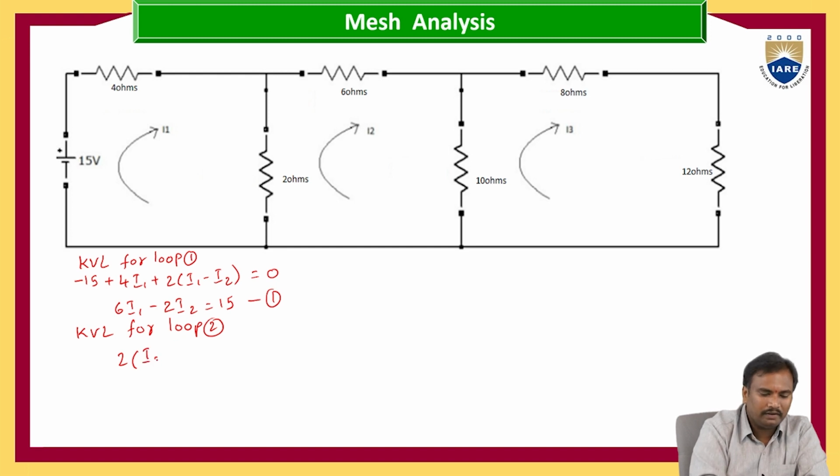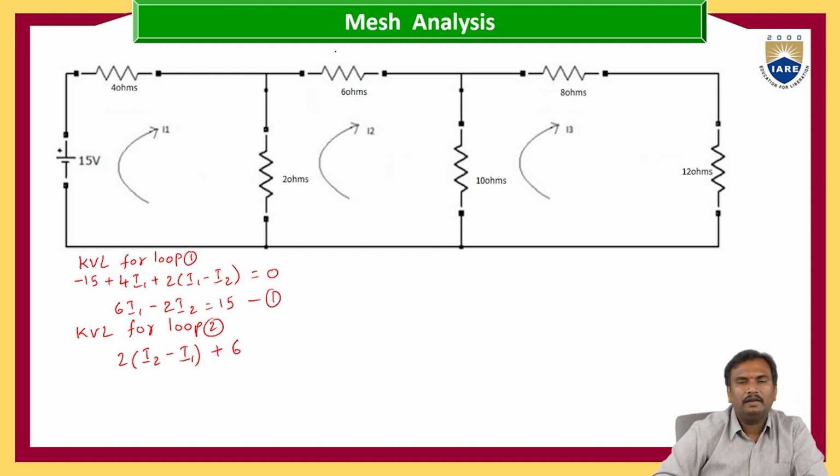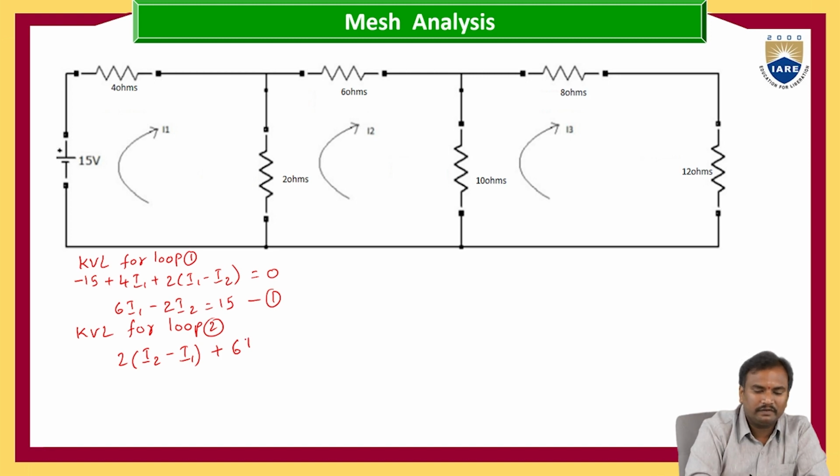I2 current, and the opposite current is I1. I2 minus I1 plus 6 into, in the 6 ohms only I2 current is flowing, 6 into I2 plus 10 into I2 minus, here the current which is flowing in this direction is I2, in the opposite direction is I3.